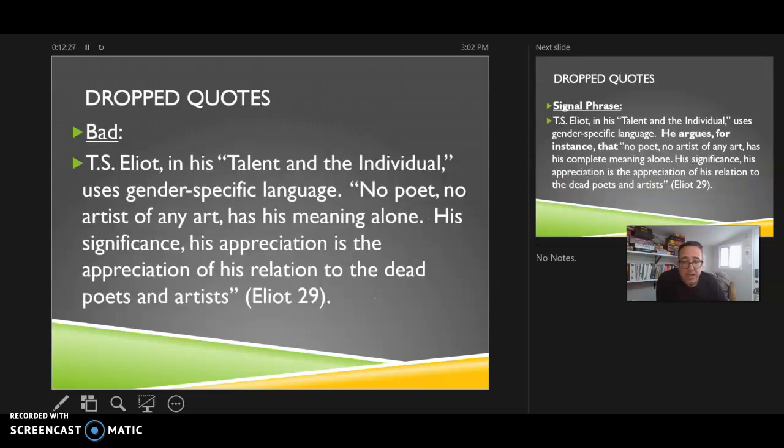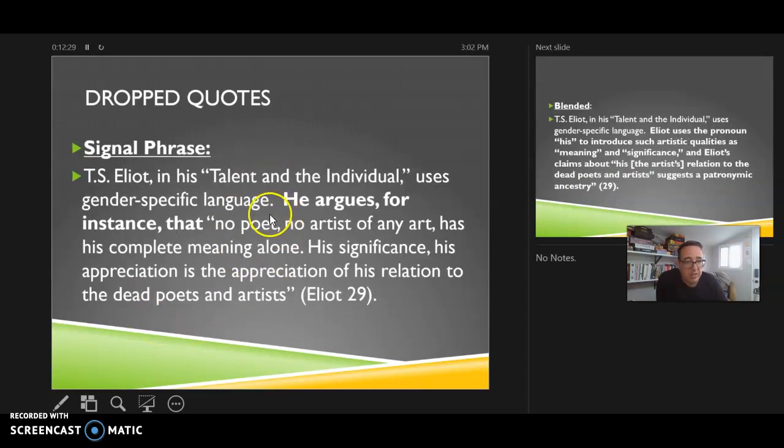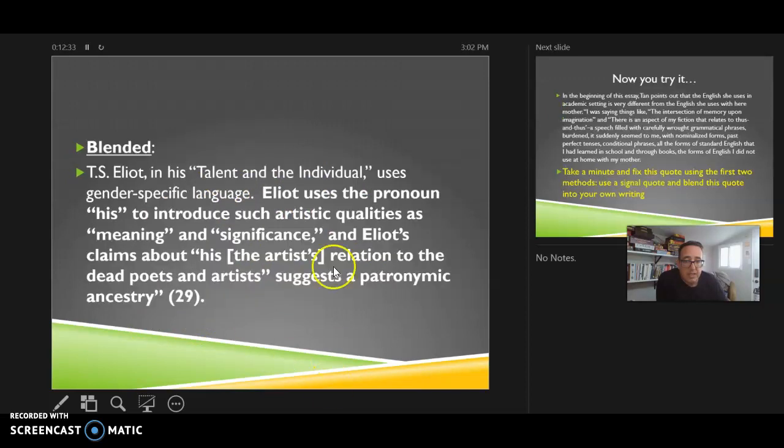But in the meantime, you definitely want to use signal phrases to connect your argument to textual evidence. And you want to experiment with blending your analysis into your own writing so you don't have to use signal phrases in the same way. This is going to lead to better analysis of texts because I'm doing my analysis as I'm presenting the textual evidence.